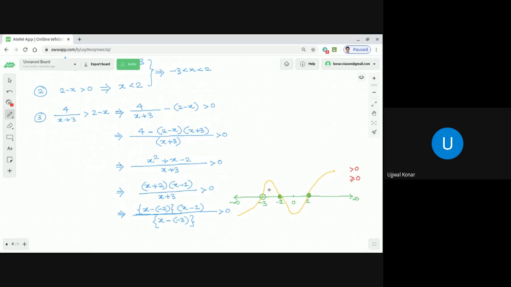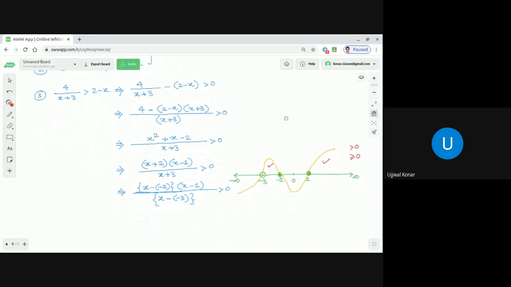So what is the solution set? The portion of the wavy curve which is above the number line. So this portion and this portion. Correct, dear students? So what we get from here is that x belongs to minus 3 to minus 2, union 1 to infinity.